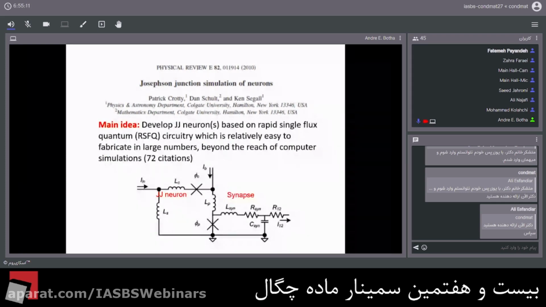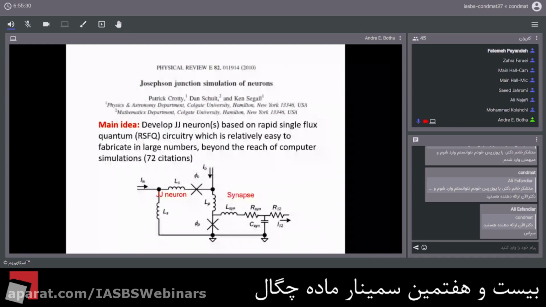Of course, there were drawbacks. The main drawback to this proposal is the fact that Josephson junctions have to operate at cryogenic temperatures, and that generally raises the cost of doing such experiments.